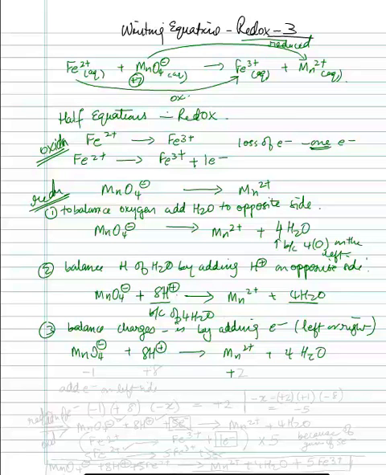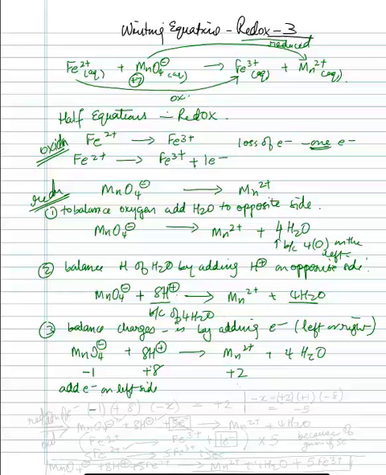So I have a 2+ charge here, I have a +8 charge over here, and a 1 negative charge here. So my charges need to be balanced out. If I have +2 over here, I should have +2 on this side as well. Which means I have to add electrons on the left side.